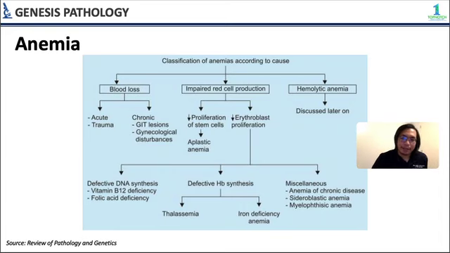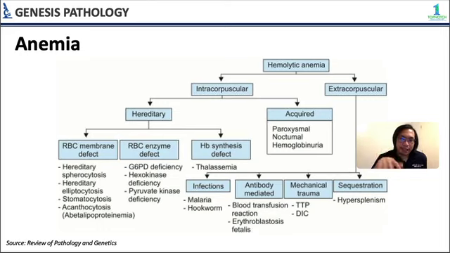Okay? In hemolytic anemias, no, we can classify them as intracorpuscular or extracorpuscular. Kapag intracorpuscular, the problem lies within the red blood cell. Kapag extracorpuscular, the problem lies outside the red blood cell. Okay? In intracorpuscular, acquired, isa lang yan, paroxysmal nocturnal hemoglobinuria.